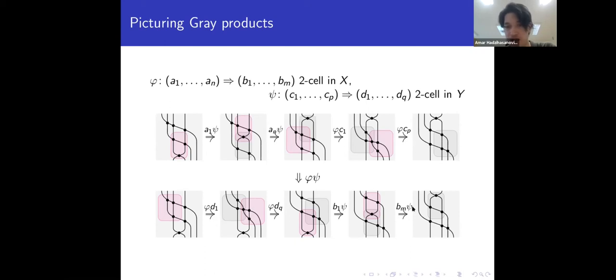Whereas in the output, we do the same thing in the opposite order. First, we push phi to the bottom right, and then we push psi to the top left. And here I picture them as having just two inputs and outputs. Actually, in this case where everything is two in and two out, some of you may recognize the Zamolodchikov tetrahedron equation.